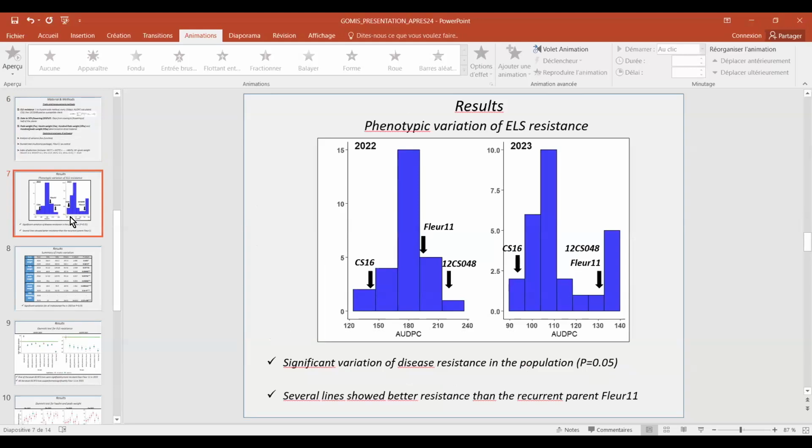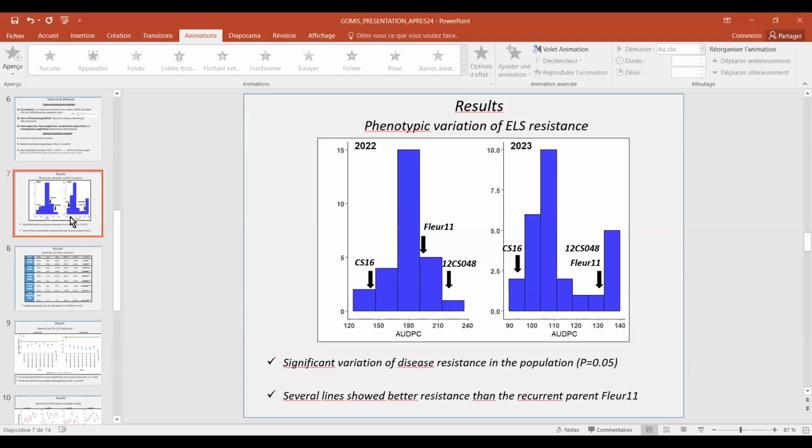We also use other interspecific lines, but Arachis cardenasii, as I said earlier in my presentation, has been used in the past for early leaf spot, and I think that, if I'm not wrong, several lines have been developed according to Stalker 1984 for early leaf spot.